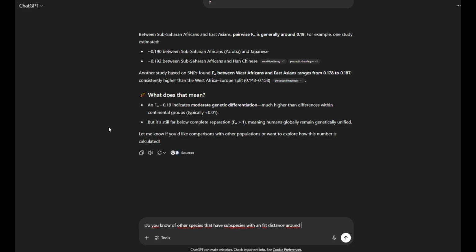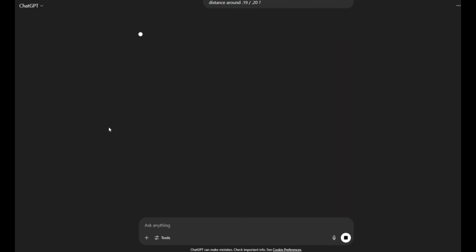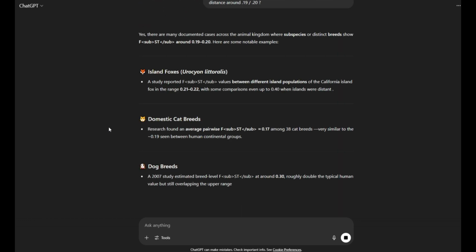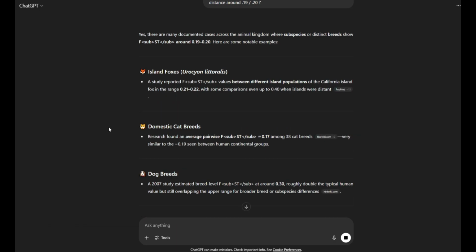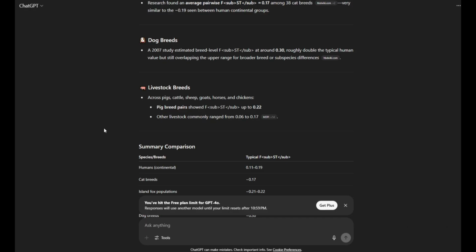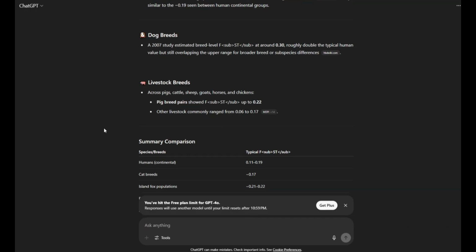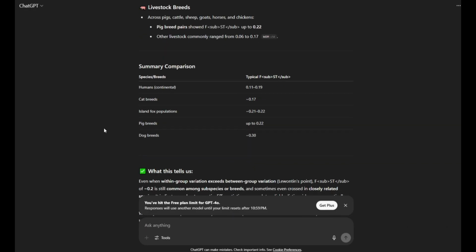Do you know of other species that have subspecies with an FST distance around 0.19, 0.20? Yes, there are many documented cases across the animal kingdom where subspecies or distinct breeds show FST around 0.19 to 0.20.